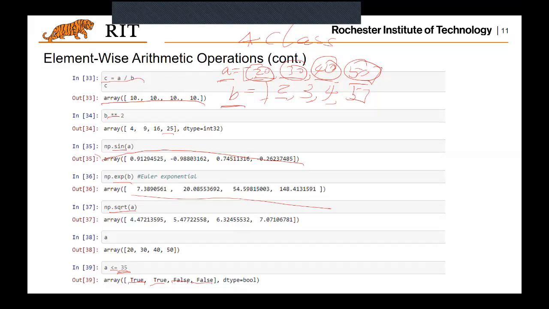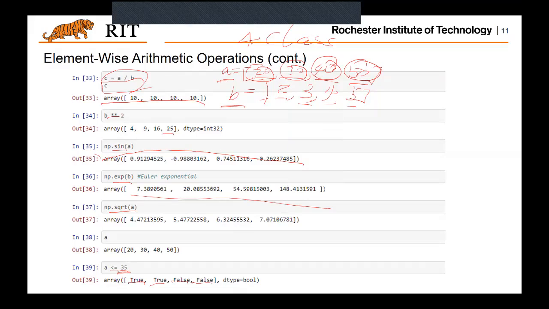In this case, class 1 has 2 students, class 2 has 3, class 3 has 4, and class 4 has 5. Now, the question is to compute the average score for each of the classes in the midterm exam. So what you could do is just use one line of code.